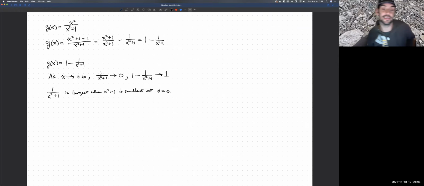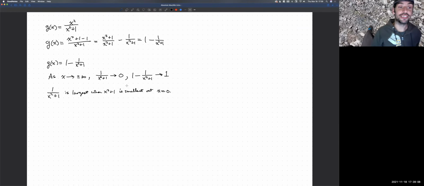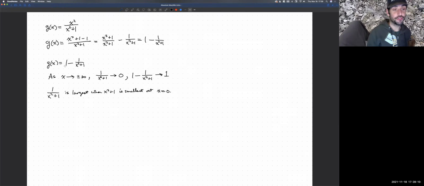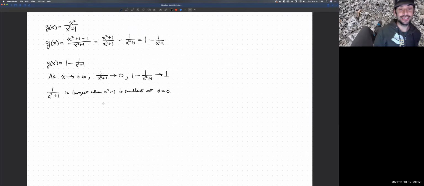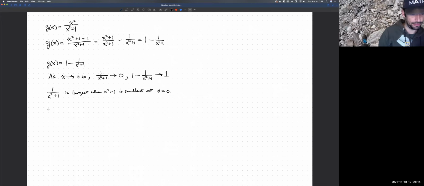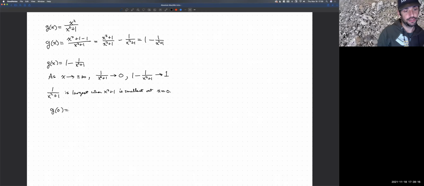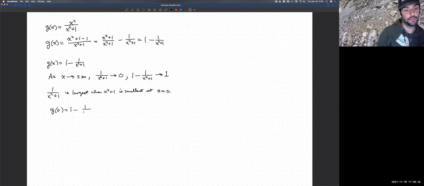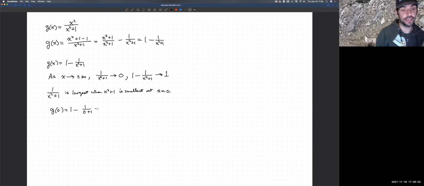Because at all those places it gets bigger. So we're taking away the most from 1 at x equals 0, which means it must be the minimum. G of 0 is going to be 1 minus 1 over 0 plus 1, or 1 minus 1, or 0.